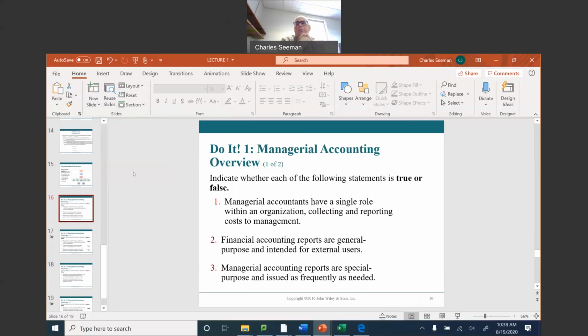Financial accounting reports are generally general purpose and intended for external users. Is that true or is that false? Think to yourself. Managerial accounting reports are special purpose and issued as frequently as needed. Is that a true statement or a false statement?